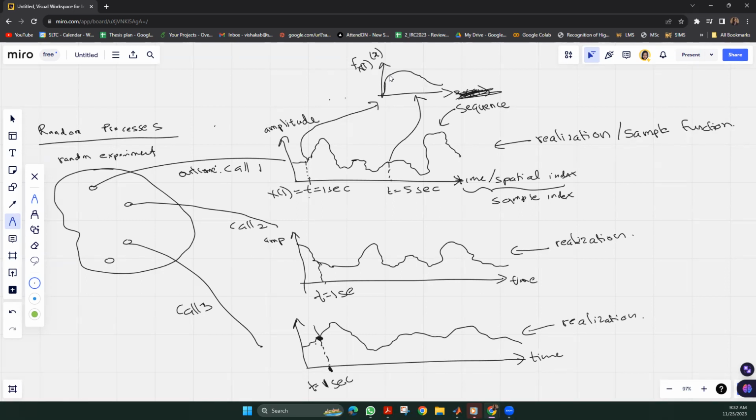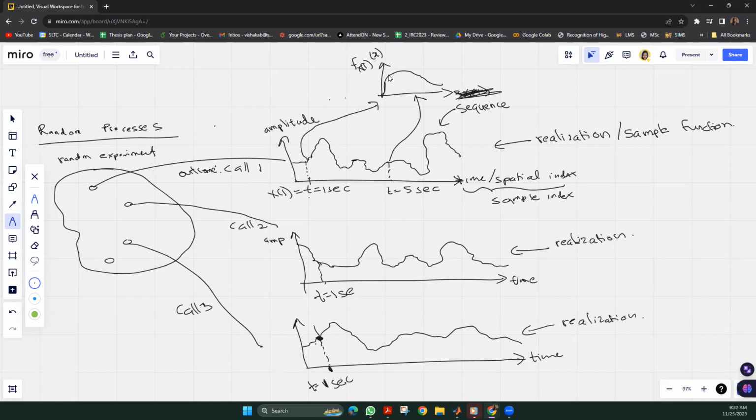That is one thing. The set of all these realizations we call the ensemble of the random process. The ensemble of the random process is very important, so we have to know its definition.